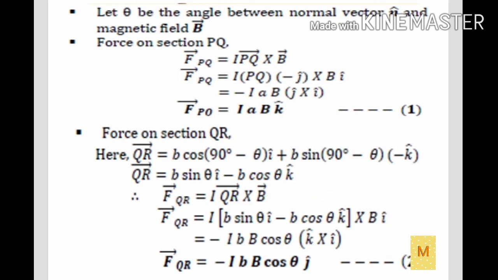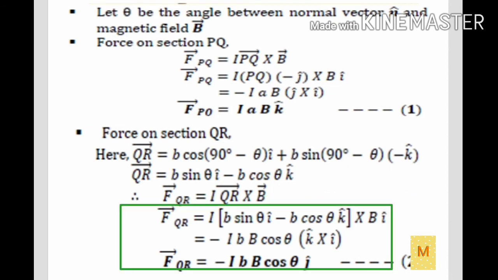And look at the direction of B vector. It is along the positive x direction, so it is replaced by the unit vector i cap, so it will become B i cap. Hence the equation becomes I into (B sin theta i cap minus B cos theta k cap) cross B i cap.